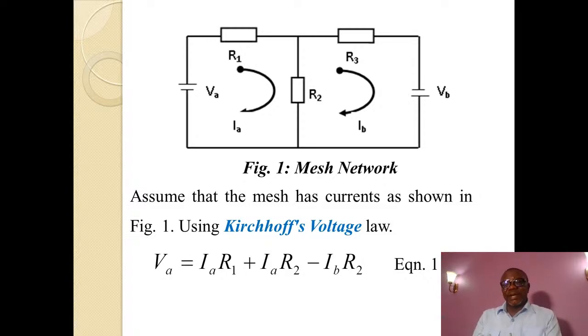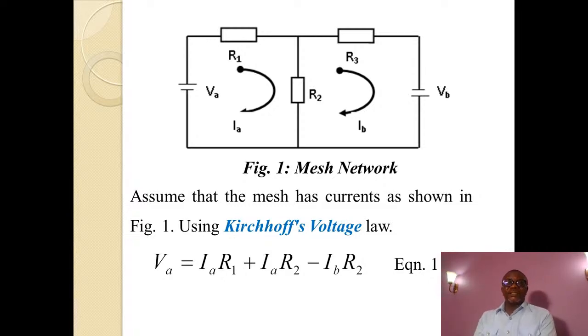Now, on the right, you have another source, VB. That VB tends to generate current IB, which also passes through R2.